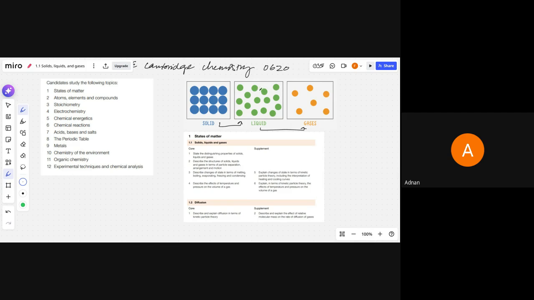And boiling occurs at a fixed temperature, and it happens all of a sudden, like all of the liquid molecules will simultaneously be changing into the gaseous phase, right? Liquid particles at the bottom convert into gas, they form bubbles, they rise up, and very quickly all of this liquid will be changed into a gaseous state.